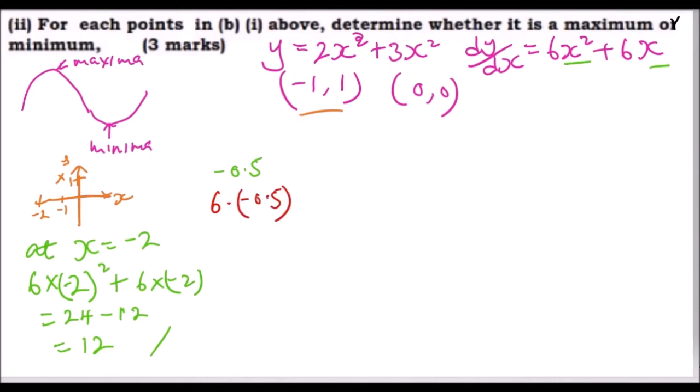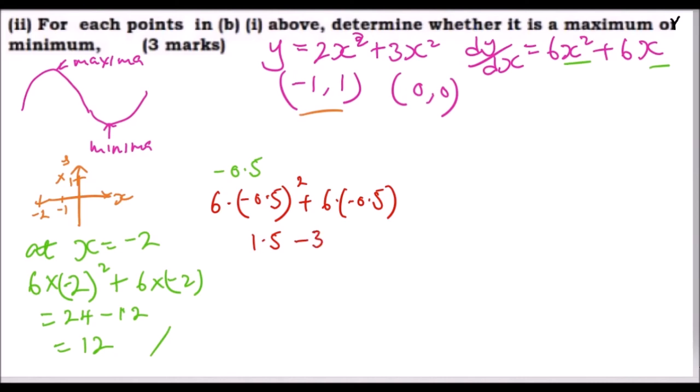That dot implies multiplication, and that is squared, and you add to 6 multiplied by minus 0.5. When you compute this, it will give you 1.5, and this will give you 3, that is minus 3.